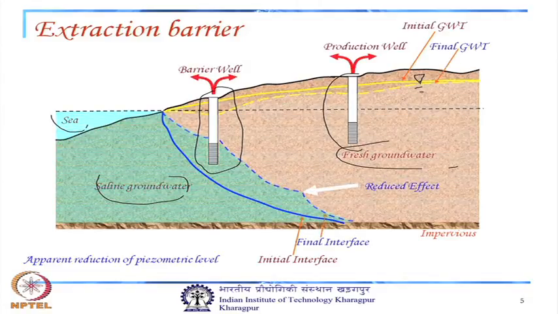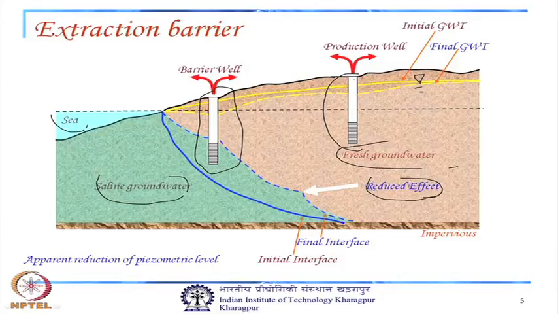If we start pumping, there will be a movement of this saline groundwater towards the fresh groundwater or freshwater aquifer, and this barrier well will act as a kind of semi barrier and reduce the seawater intrusion effect by pumping saline water out.